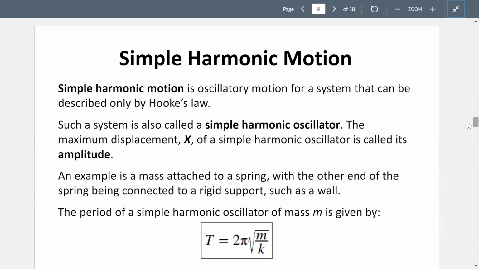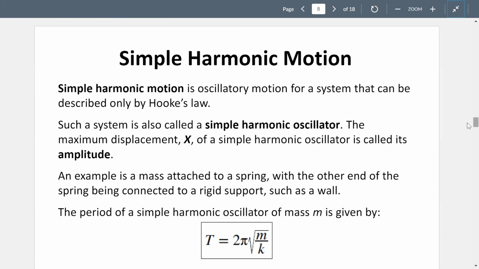So if we're dealing with a simple harmonic oscillator that obeys Hooke's law, the oscillatory motion that it will exhibit is called simple harmonic motion. So simple harmonic motion can be described by Hooke's law, and a system that exhibits simple harmonic motion is called a simple harmonic oscillator.